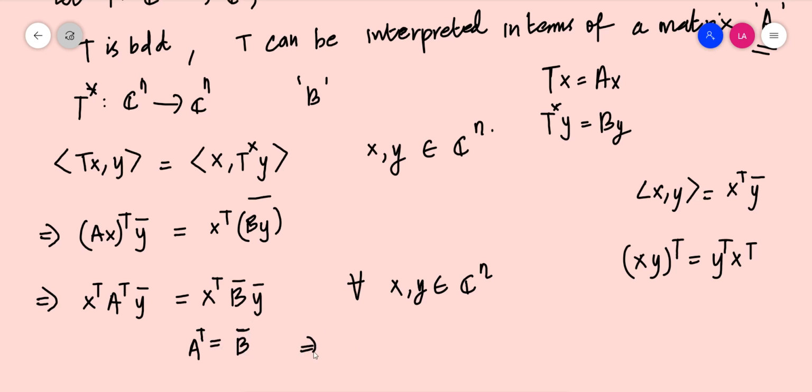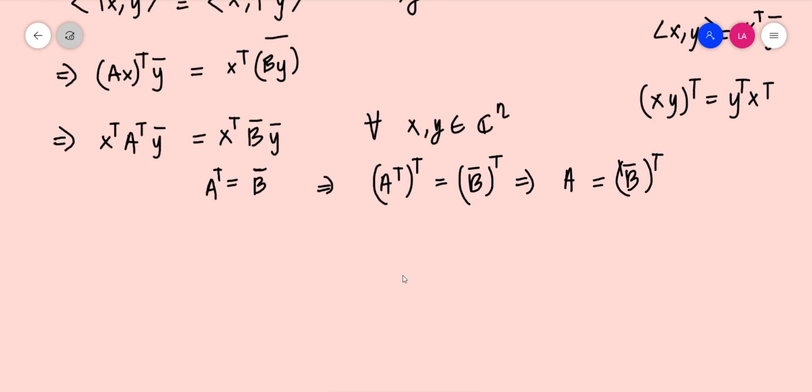In other words, A transpose the whole transpose should be equal to B conjugate the whole transpose. A transpose the whole transpose is A, so A should be equal to B conjugate transpose. Or in other words, if A is the matrix associated with a bounded linear operator T and B is the matrix associated with its Hilbert adjoint operator, then A and B are related by A equal to B conjugate transpose.